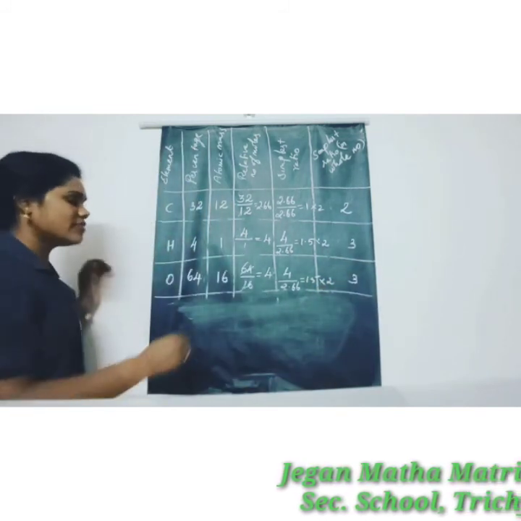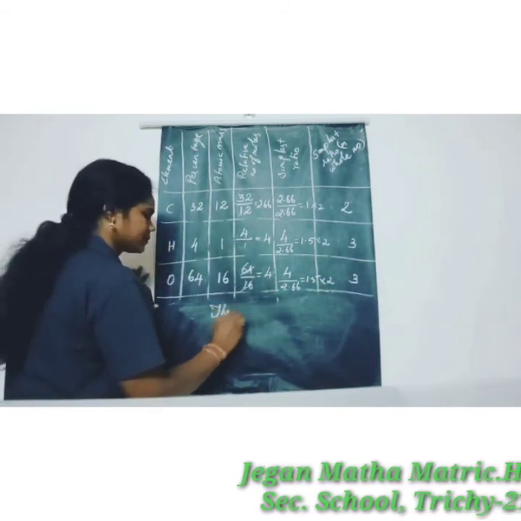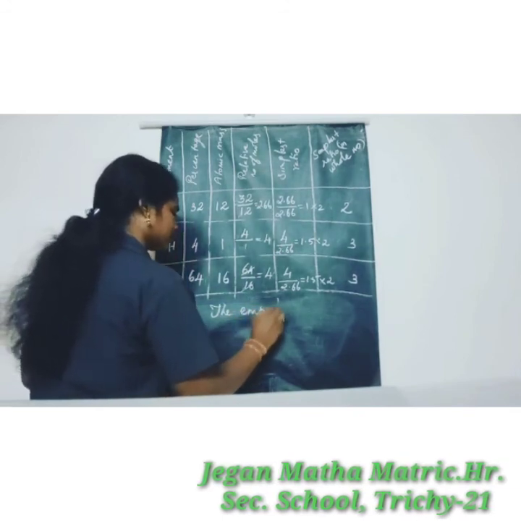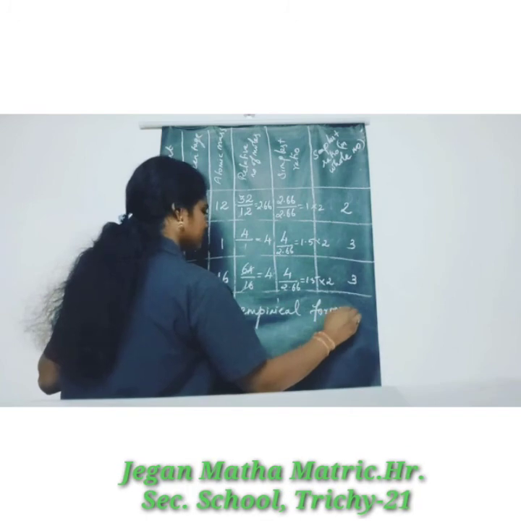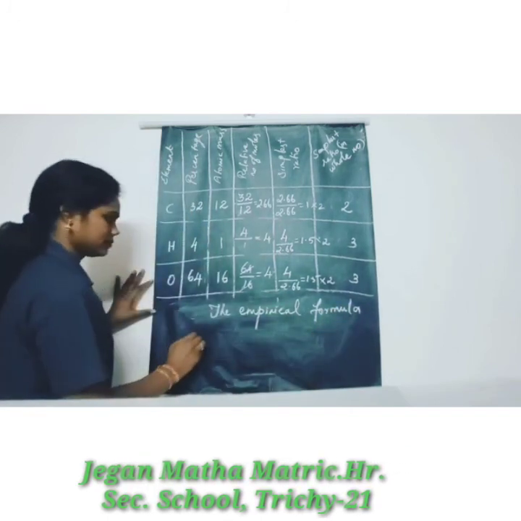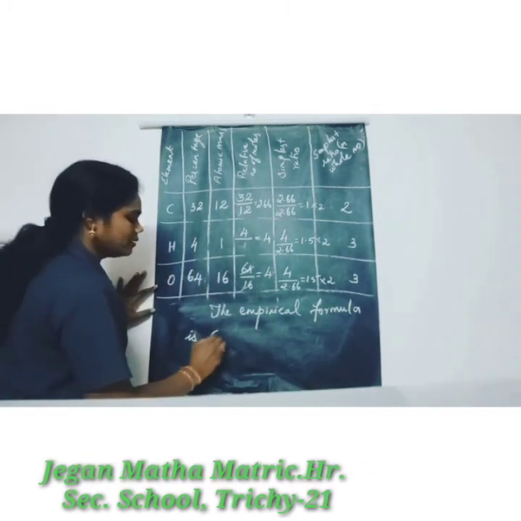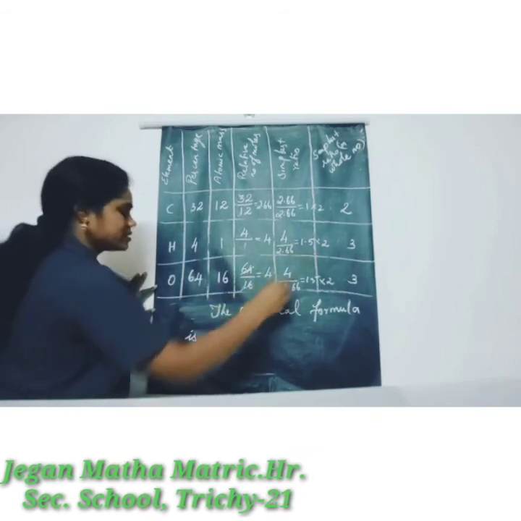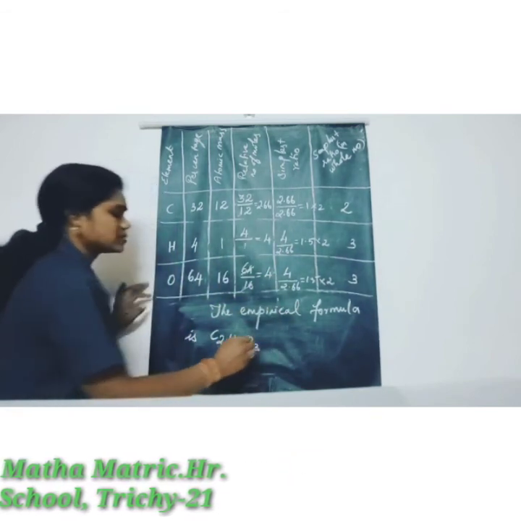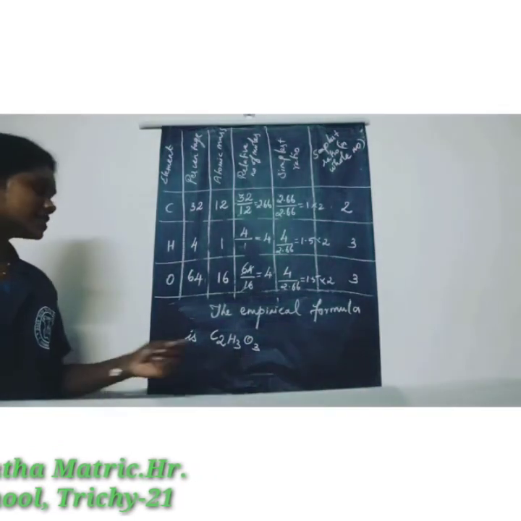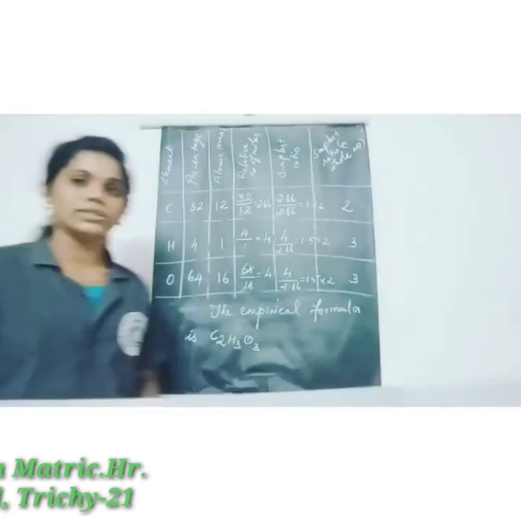So the empirical formula is carbon 2 times, hydrogen 3 times, and oxygen 3 times. So the empirical formula is C2H3O3.